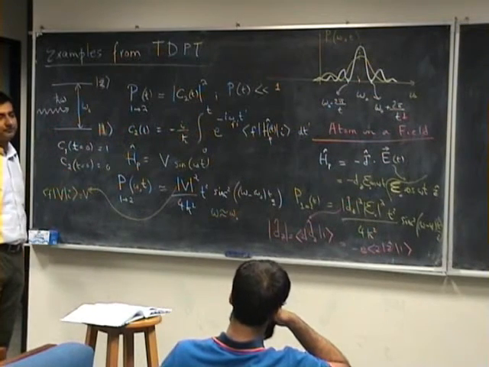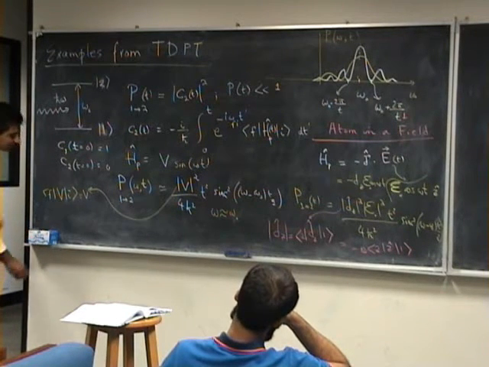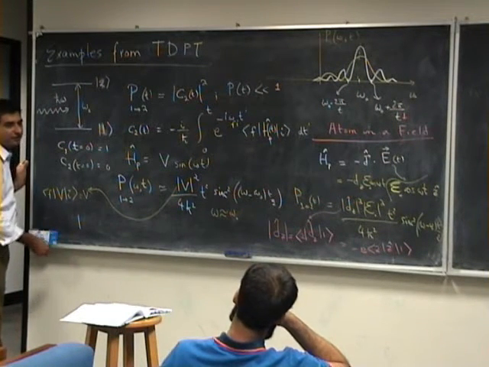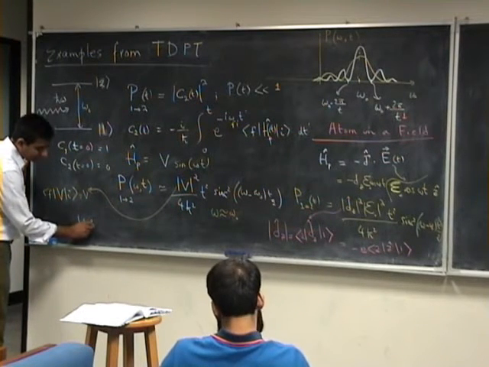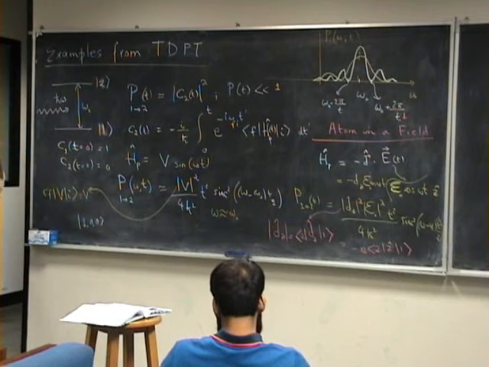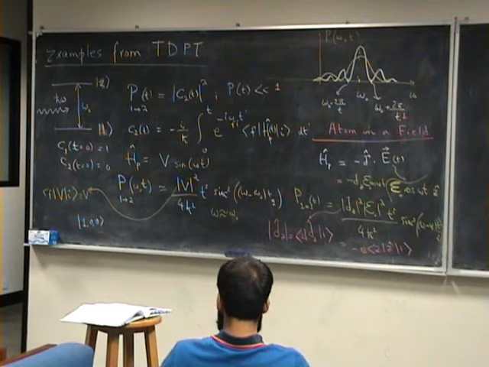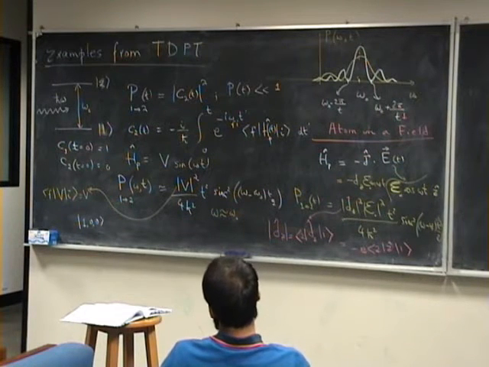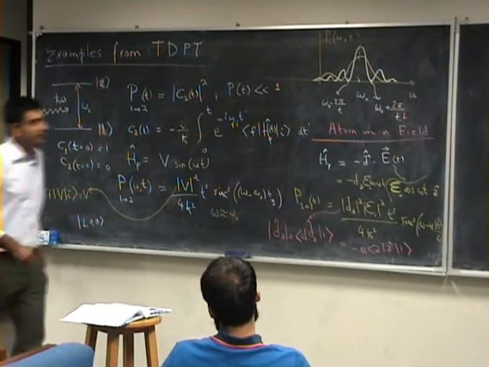ठीक है, तो आपके पास अगर इनिशियल स्टेट हो कोई और फाइनल स्टेट हो कोई, तो आप उससे ये प्रोबेबिलिटी निकाल सकते हैं। मिसाल के तौर पे, your system starts off in the state in the 1s orbital. You have a hydrogen atom starts off in the 1s state, so you have n equals 1, l equals 0, m_l equals 0, ठीक है। और आप इस हाइड्रोजन एटम के ऊपर इलेक्ट्रोमैग्नेटिक रेडिएशन डालते हैं, of a particular frequency omega, and you would like to find the probability of making a transition to the next excited state, say any state.